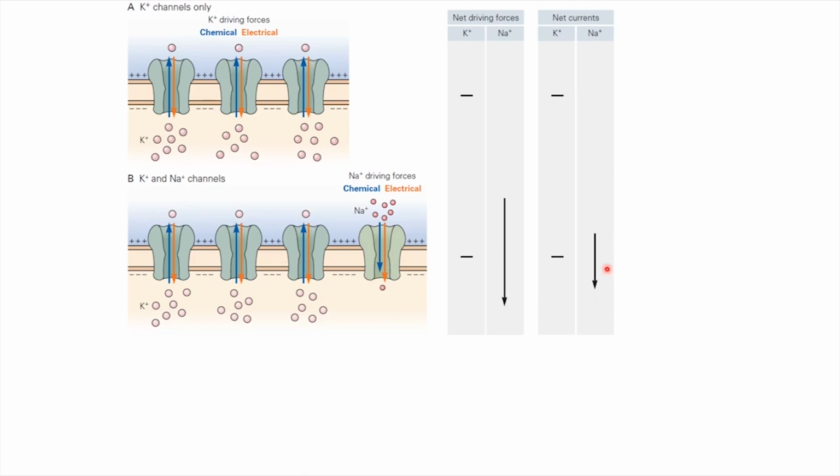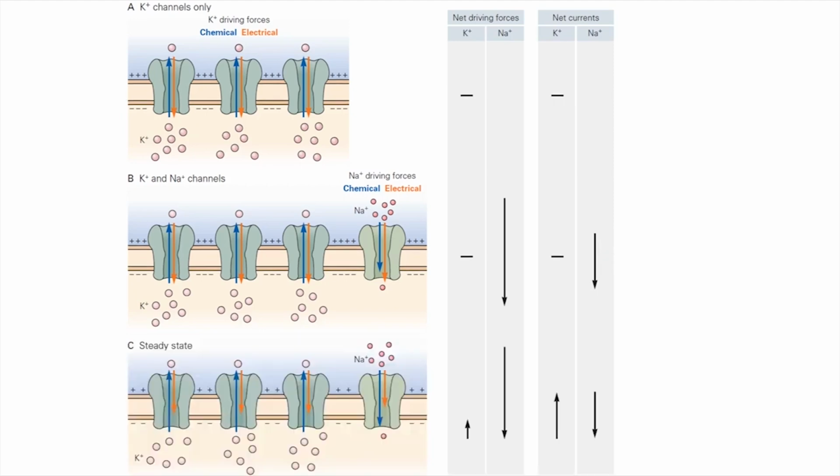So the current depends both on the driving force as well as the number of channels that are present. As the sodium ions continue to move, they will make the membrane less negative, or more positive. Therefore the electrical gradient for sodium ions will reduce over time, while the chemical gradient we can assume does not change much, because the number of ions present outside and inside is quite large.